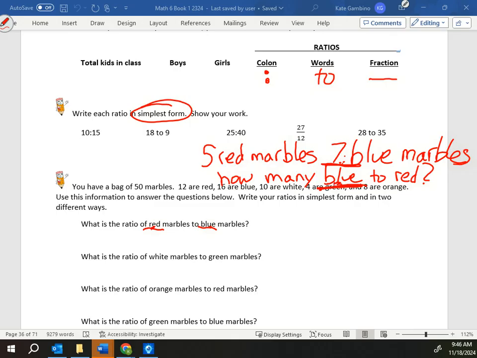So you need to understand that. Even though the information gives us the 5 red first, our question is how many blue, so I have to put it blue first. So go in the order of the question, not the information given.